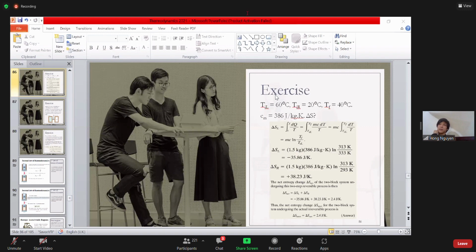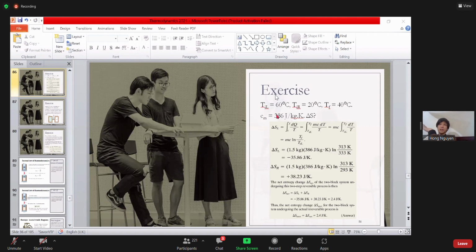Is it okay? So we can choose a reversible process in which the temperature of the thermal reservoir can be changed slowly. Is it okay?